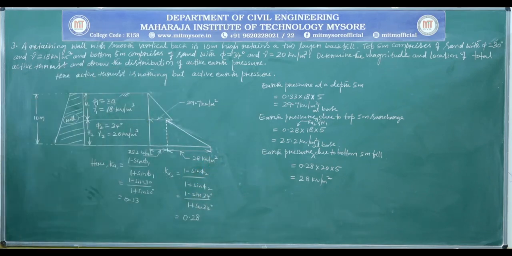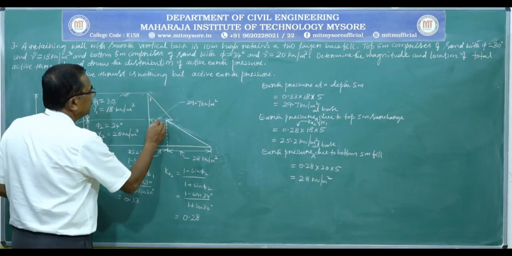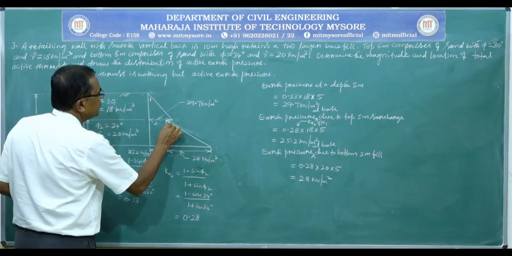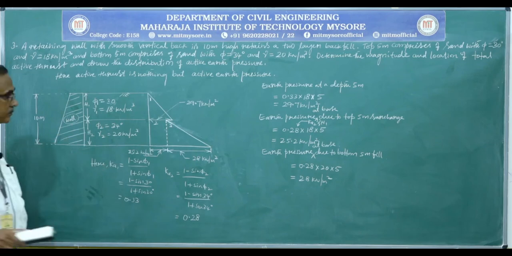So, we calculated earth pressure at various levels, and also we completed the pressure distribution diagram. Now, to calculate the total active earth pressure, consider the separated known regular geometrical shapes, a triangle, rectangle and a triangle.